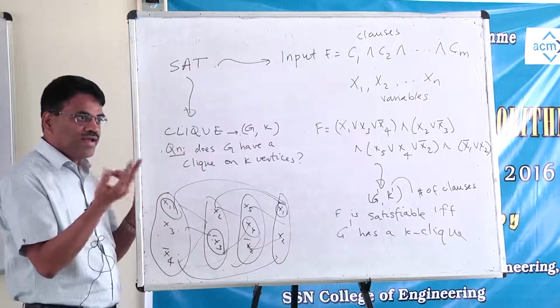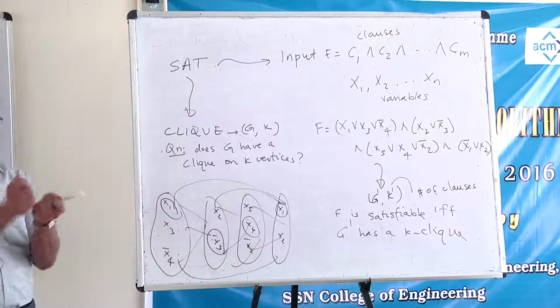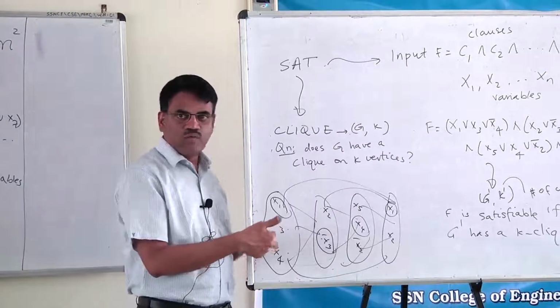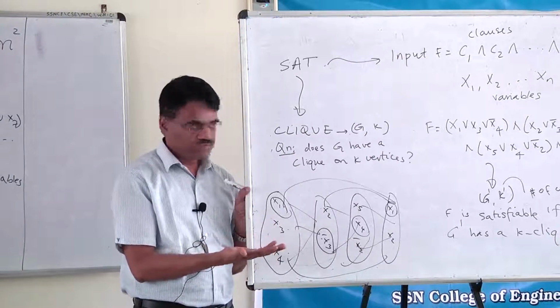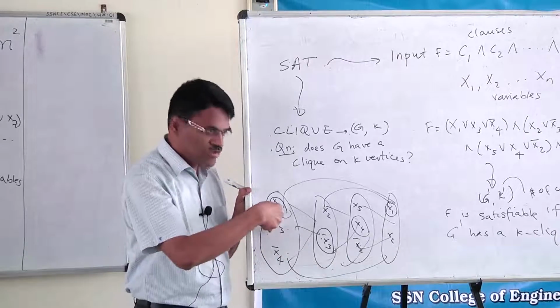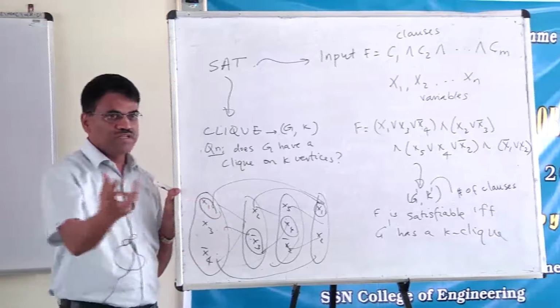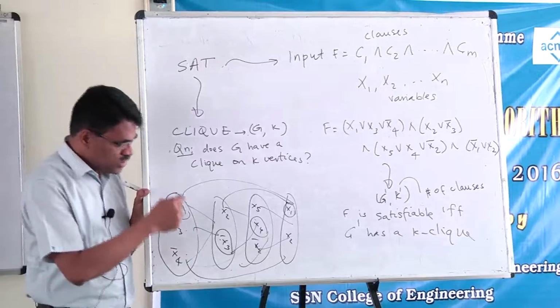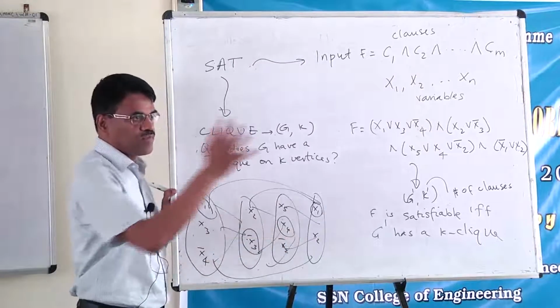So a clique means that every pair of them is adjacent. So I cannot have two vertices from one set in the 4-clique, because there is no edge between these two. A clique is a subset of vertices where there is an edge between every pair of them. So there must be one from here, one from here, one from here, one.